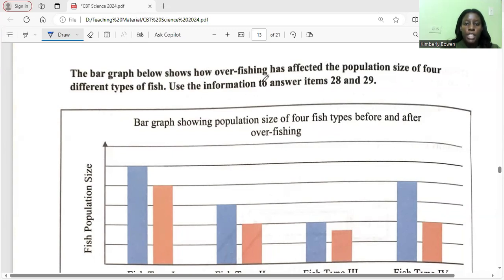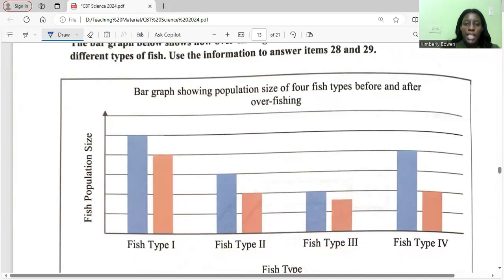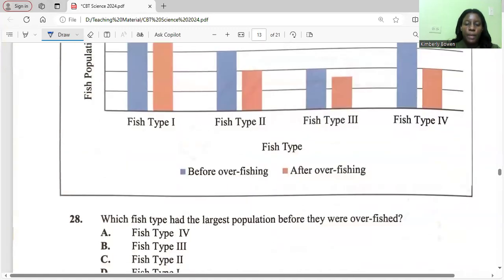Use the information to answer items 28 and 29. Bar graph showing population size of 4 fish types before and after overfishing. And we're seeing the fish types there. Blue bars before overfishing, and the peach bars after overfishing.